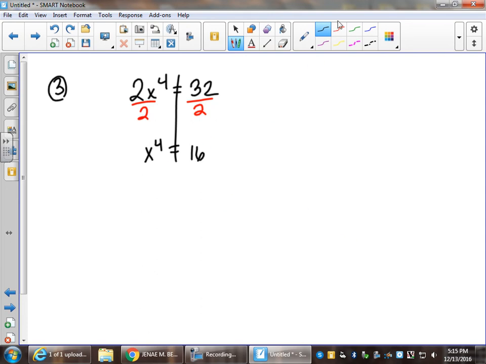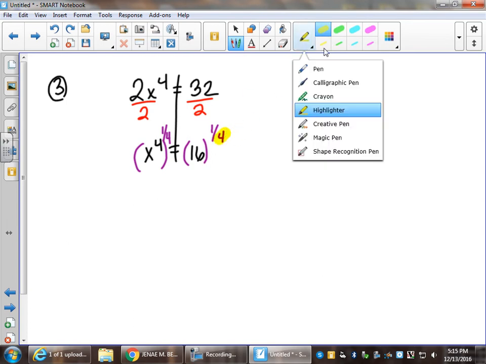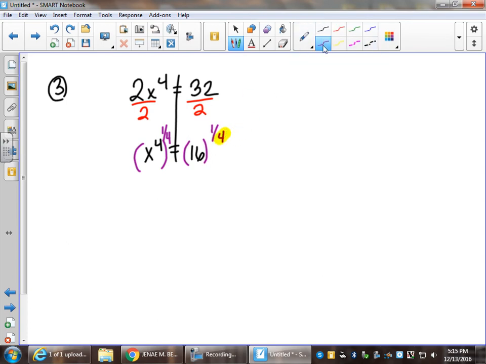The inverse of raising something to the fourth power would be raising it to the 1/4 power. So let's do that. This is an even root, 1/4 is an even root, fourth root of 16.